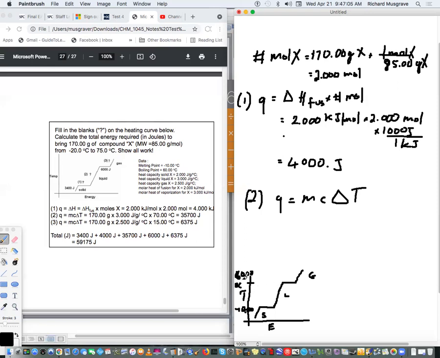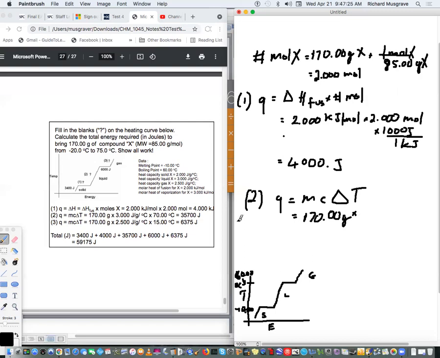All right, anybody got any questions so far? Okay, so mc delta T. M is, well, look at that, it says 170.00 grams. That's the mass of compound we're dealing with.